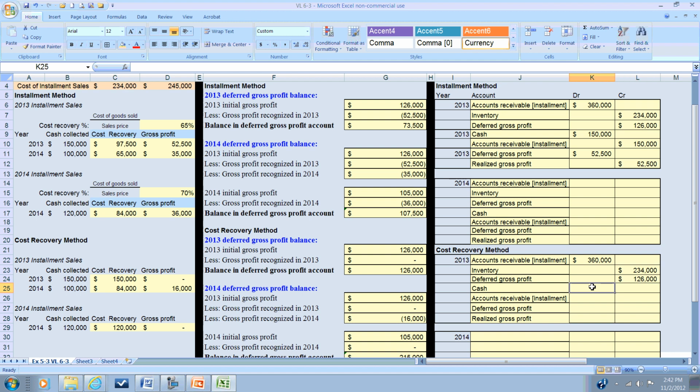When we receive cash, we'll increase our cash account, reduce down our accounts receivable.